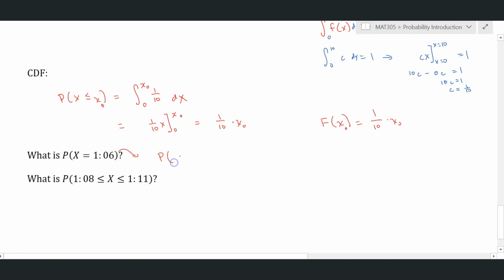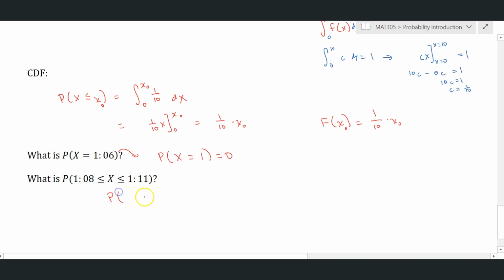Well, that's the same thing as saying that the probability of x equals 1 minute. And what's the probability that it arrives at exactly 1:06? Well, of course, there are infinitely many times between 1:05 and 1:15, and so the probability that it arrives at exactly 1 minute after 1:05 is a 0% chance.